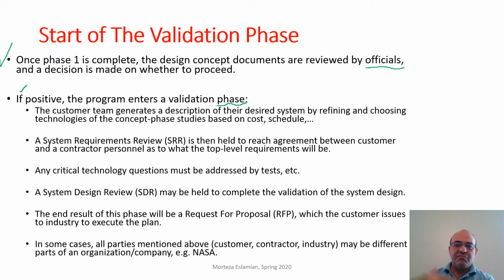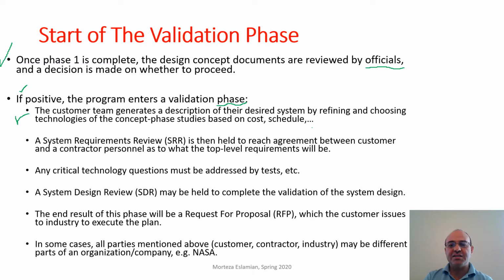So the concept definition is reviewed and they see that, okay, we want to do it, it's doable, we like it. Then what comes next? So the customer team, for instance NASA, which represents the US government and the US people, generates a description of their desired system by refining and choosing technologies of the concept phase studies based on cost, schedule, and so on.